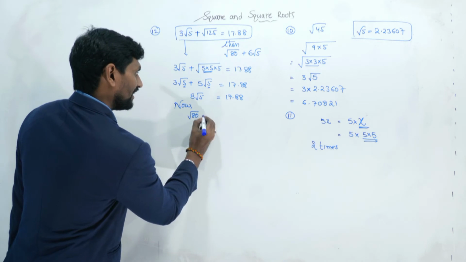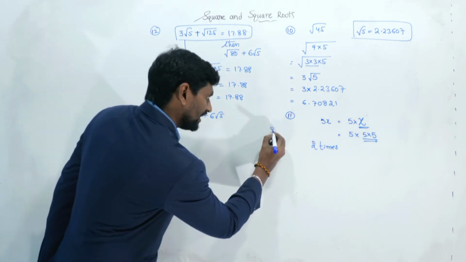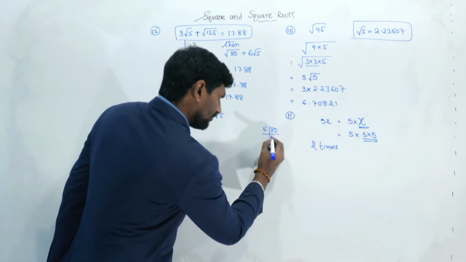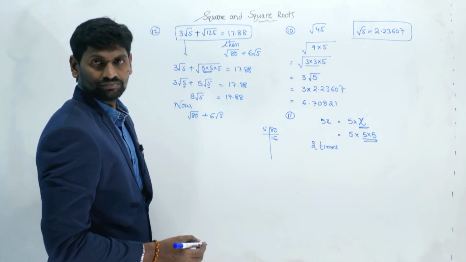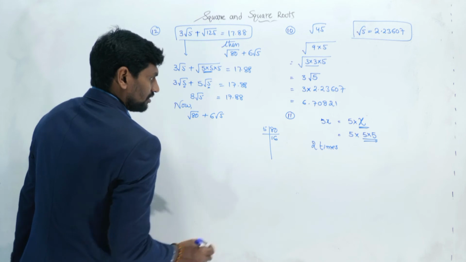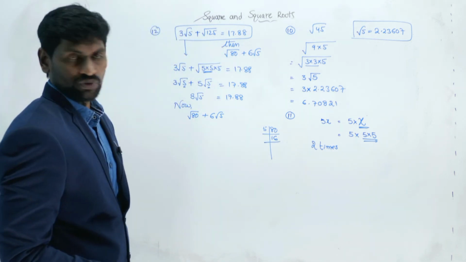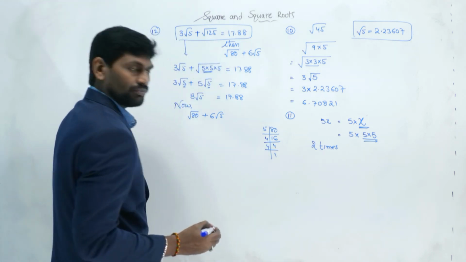root 80 plus 6 root 5. Again find the prime factors for 80. I am taking the 5 table here: 5 ones are 5, 5 sixteens are 80. So this one I can write as 5 into 4 into 4, yes, because it is a square number.